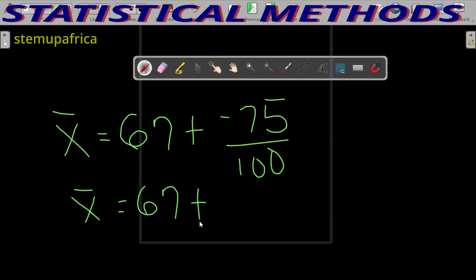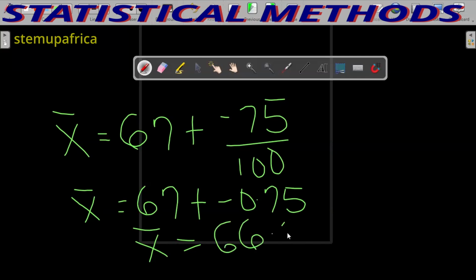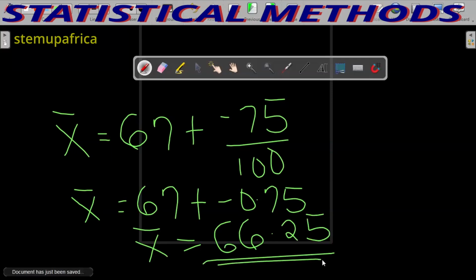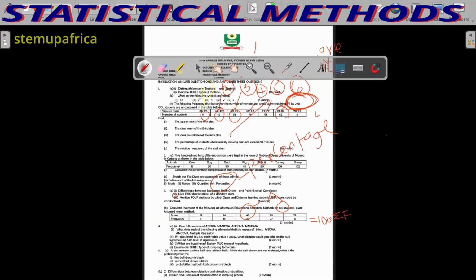You write the value there, minus 0.75. If you add it to 67, that will give us 66.25. This is the mean, 66.25. I hope that is clear.